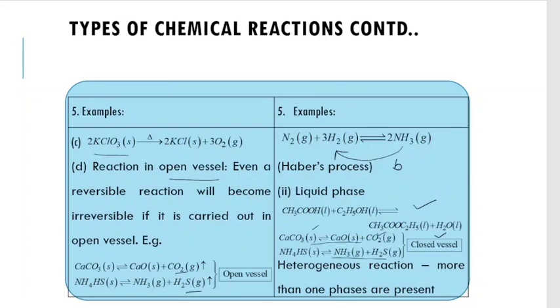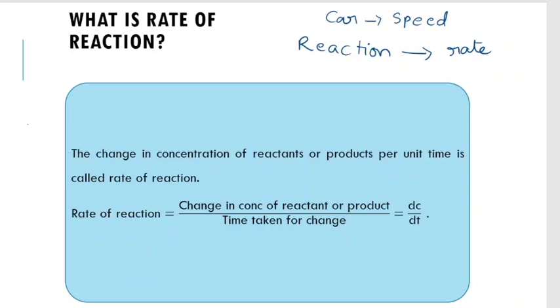Now let us see what is the rate of a reaction. For a car, we say speed, right? Within the given time, how much distance the car has covered is nothing but the speed of the car.